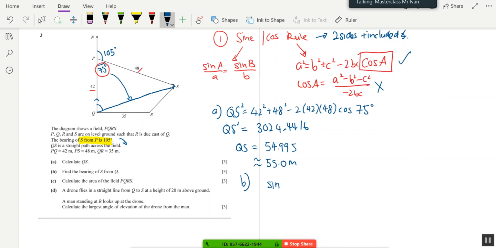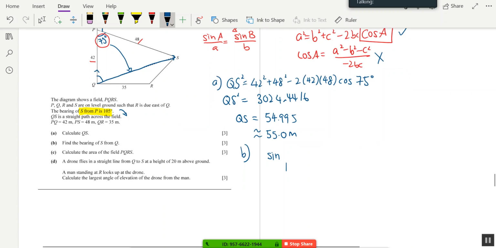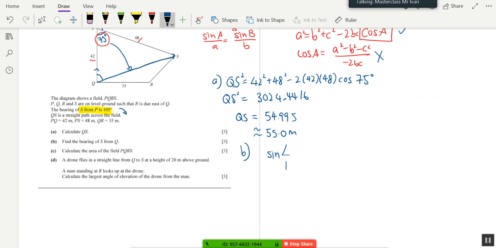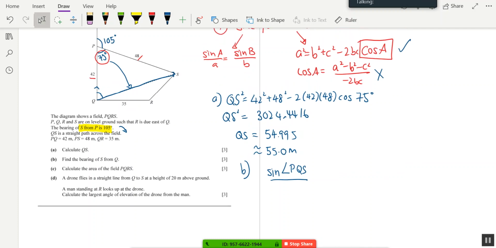We continue. Sine of angle PQS. Angle PQS is opposite to which length? PS.